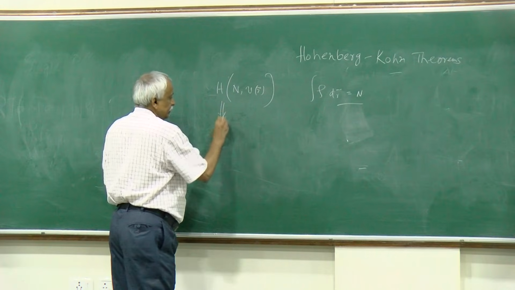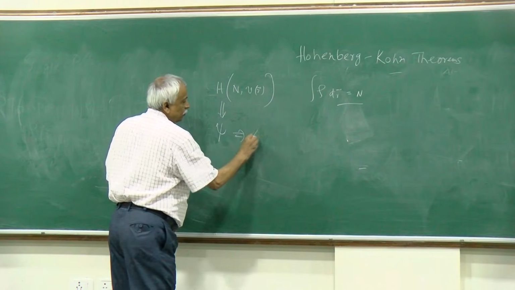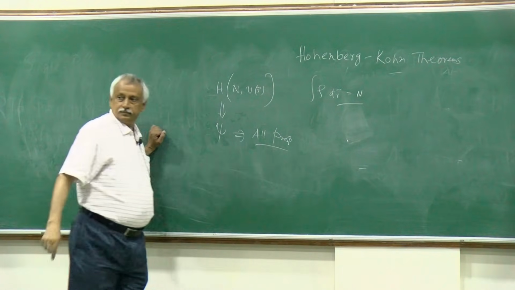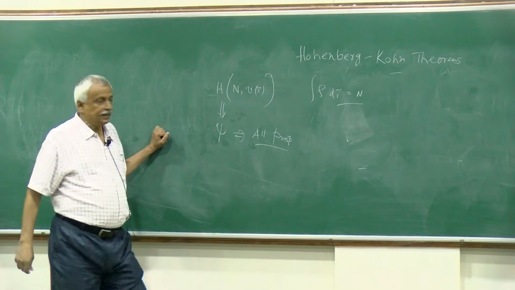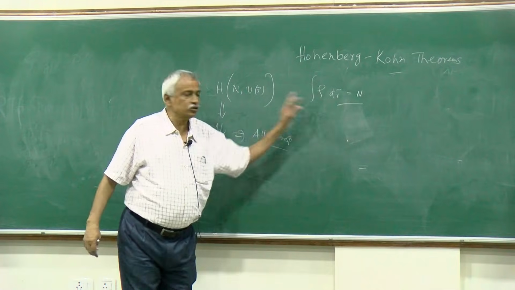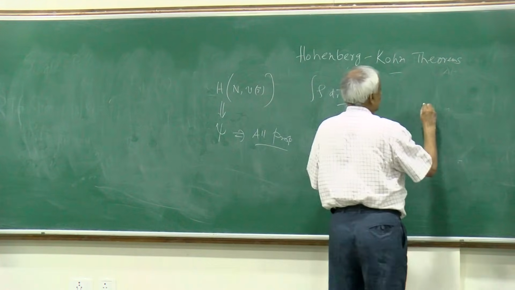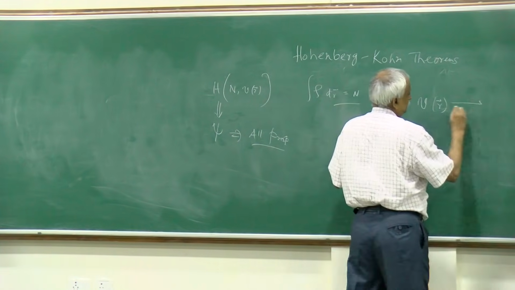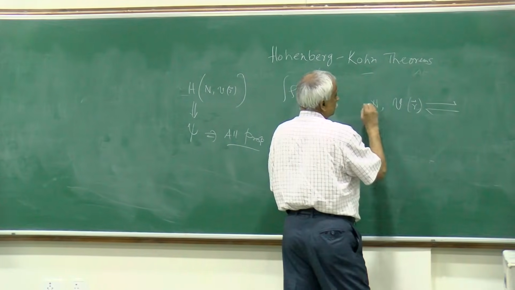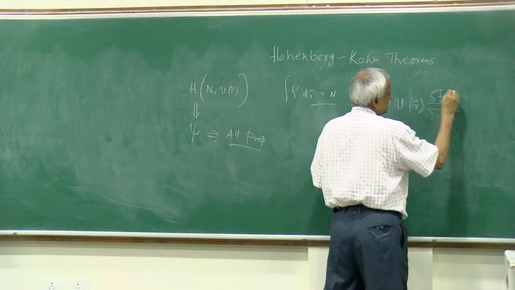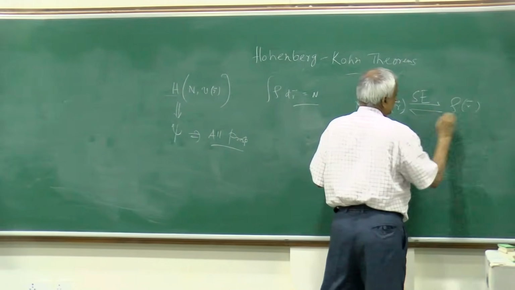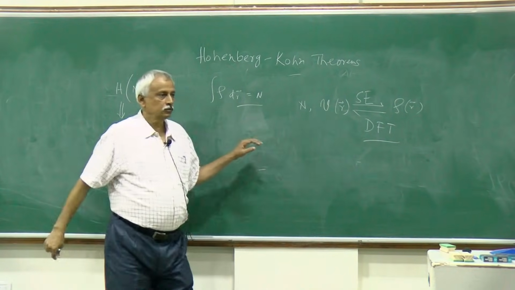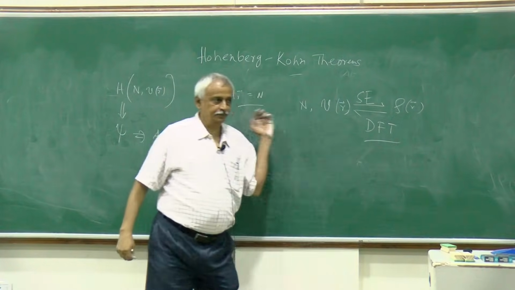Because from here, I know psi. From psi, I know all properties. My question is now that V of R and N, of course, Schrodinger equation, so it is the inverse map.